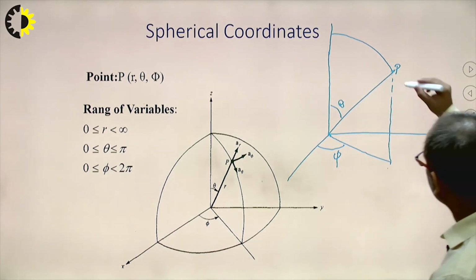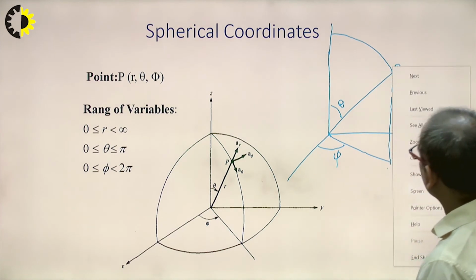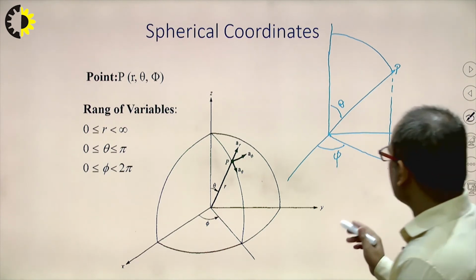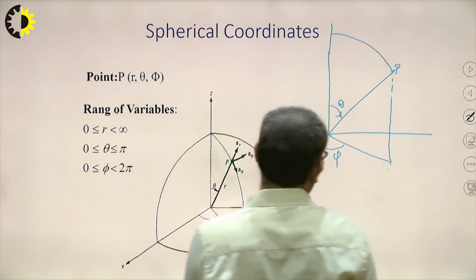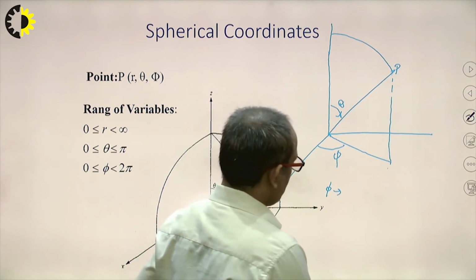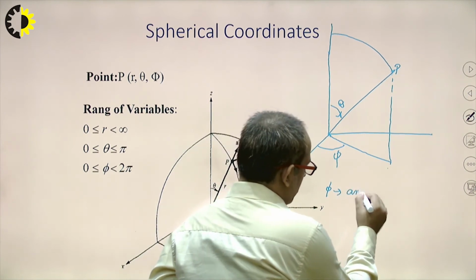So you will reach this point, that is P. Clear? So phi, I have already told you, phi will always be calculated in the anti-clockwise direction.